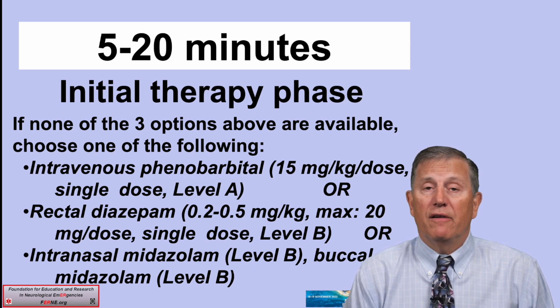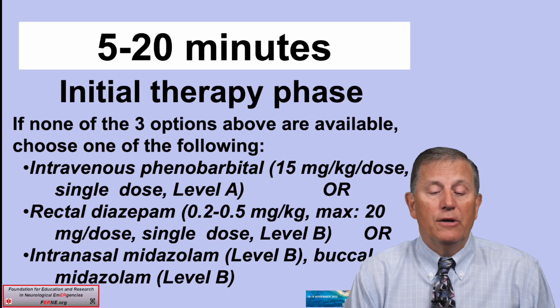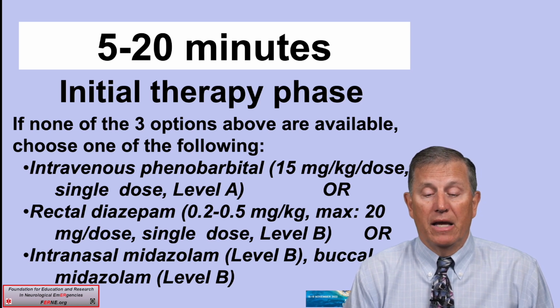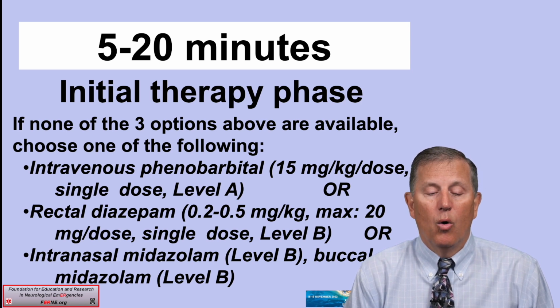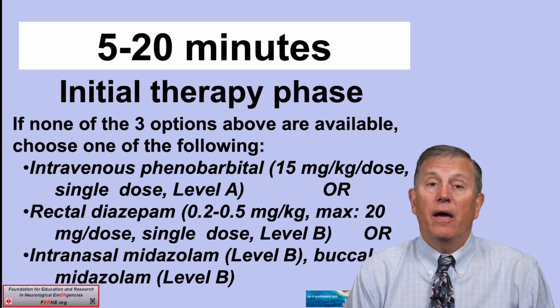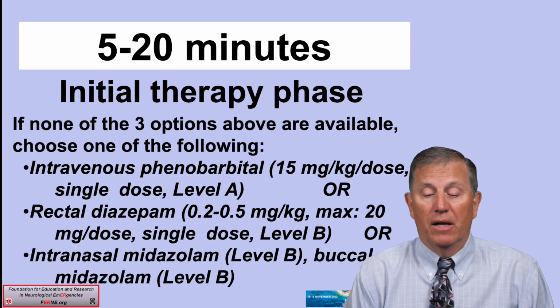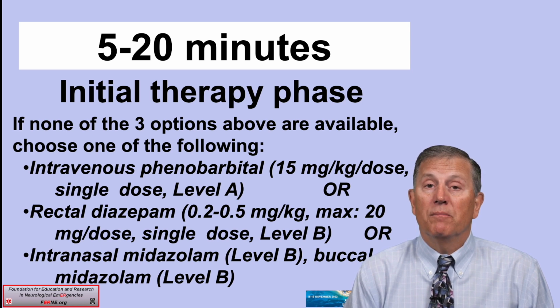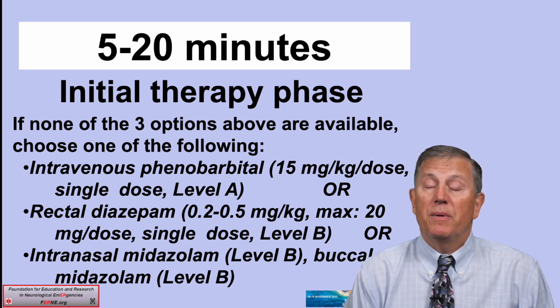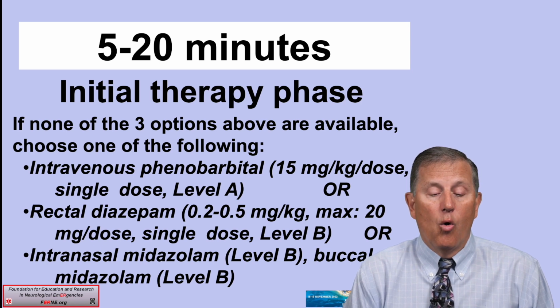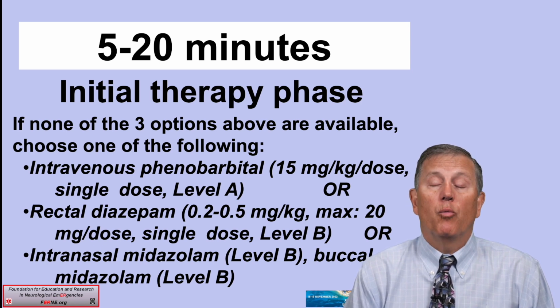But if those are not available for any reason, intravenous phenobarbital can be given 15 milligrams per kilo per dose as a single dose with level A support, or rectal diazepam 0.2 to 0.5 milligrams per kilo, maximum of a 20 milligram dose as a single dose with level B support, or intranasal midazolam or buccal midazolam, both with level B support.